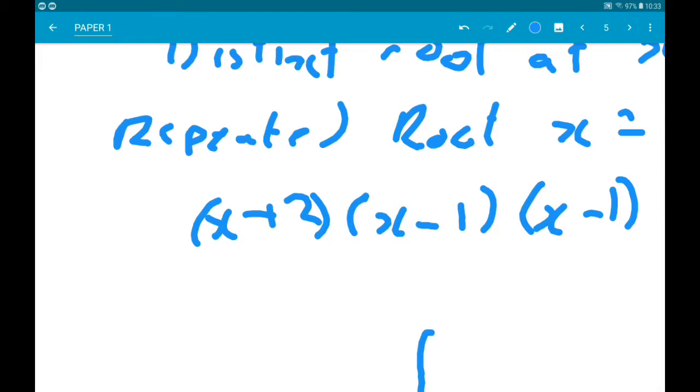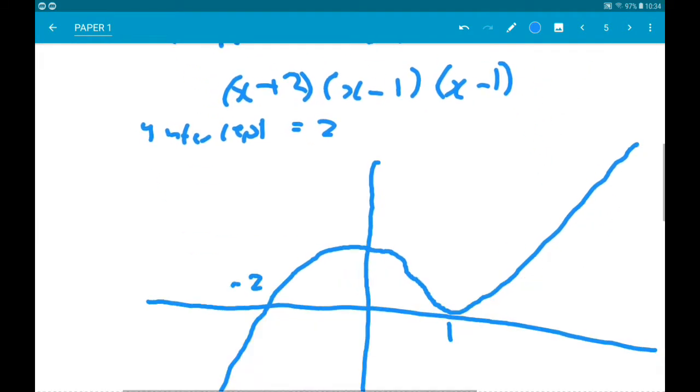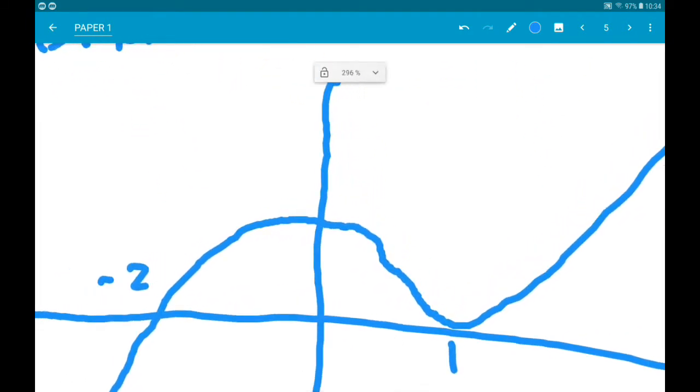Now the y-intercept is the constant term, so the constant term would be 2 times minus 1 times minus 1. So the y-intercept is at 2. So, the value in there is 2.